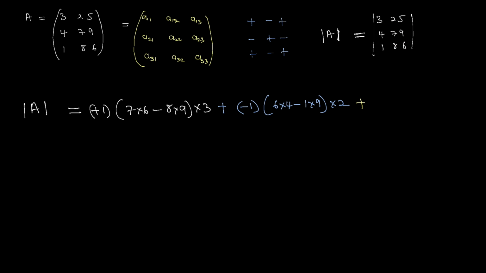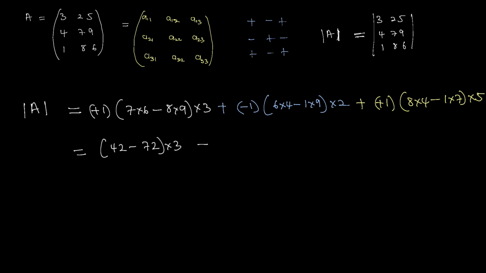The sign for that is plus. So I'll do plus 1, open bracket, 8 times 4 minus 1 times 7, and then multiply by 5, the element. Now calculating: 7 times 6 is 42, minus 8 times 9 is 72, times 3.